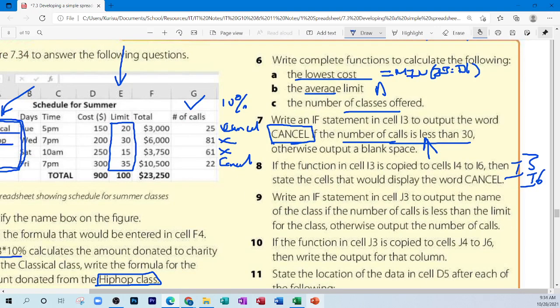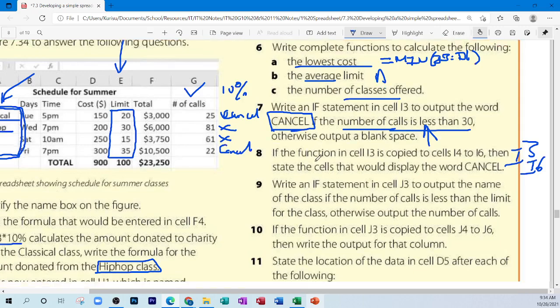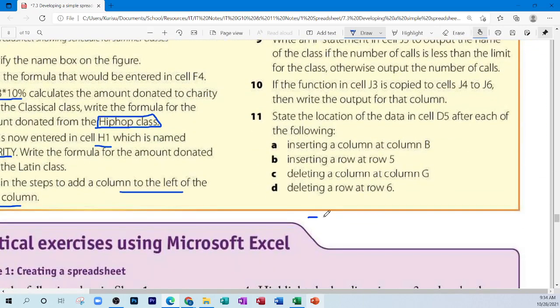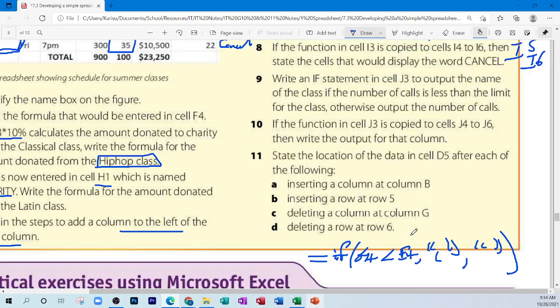Shane, what do you have? Robert said equal if G4 less than E4, and then he had quotation marks with the classes and then quotation marks with something else. So that's half incorrect, half correct. Shane?